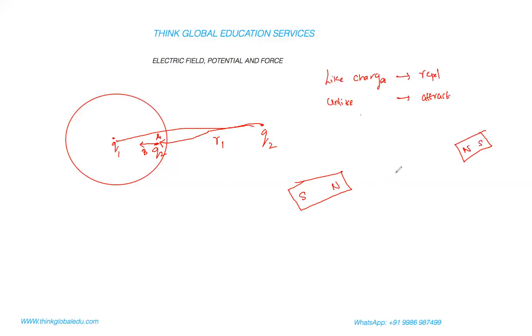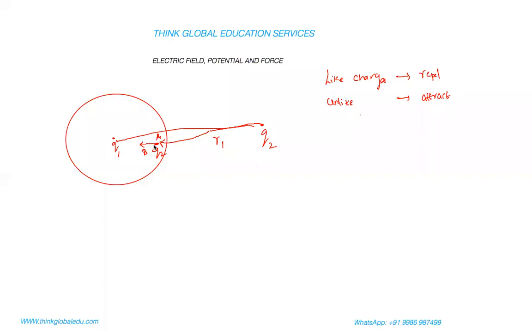When they are separated by a distance of 1 meter, there is no force between them. Now if I bring this magnet nearer, since I'm bringing North and North Pole together, I can expect a force of repulsion. Likewise, here is a region around the charge.